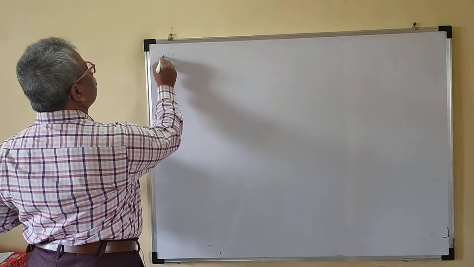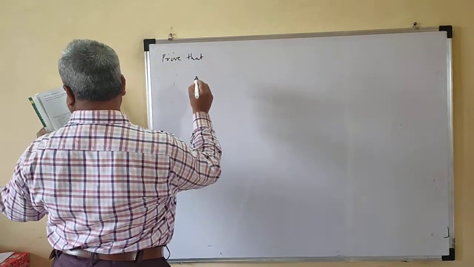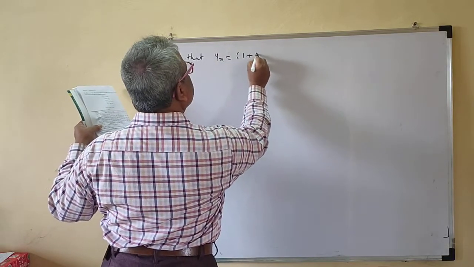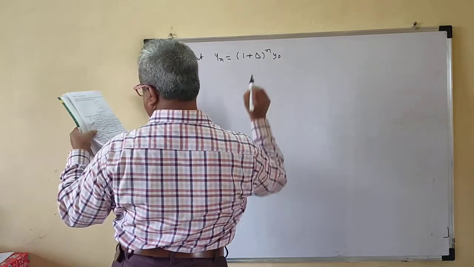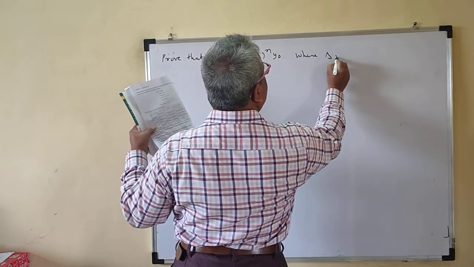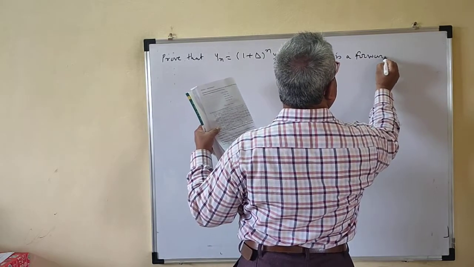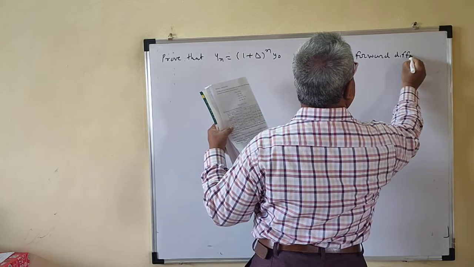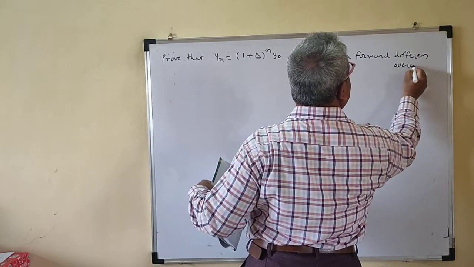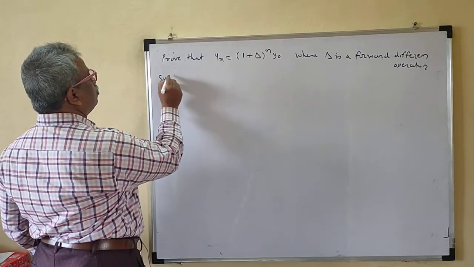Prove that yn is equal to 1 plus delta to the power n y0, where delta is a forward difference operator. Okay, solution.